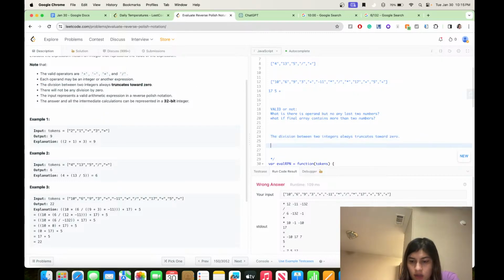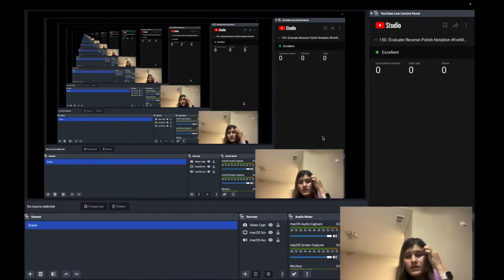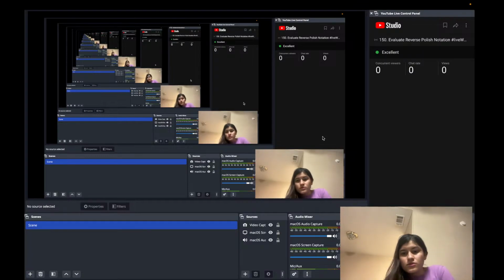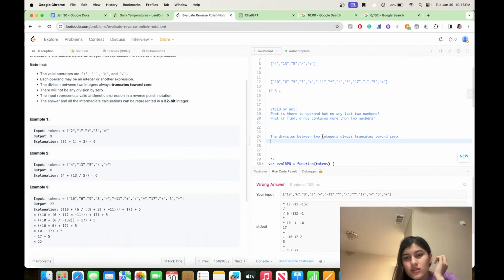What does this mean? The division between, oh my god, I've spent such a long time on this question. The division between two integers always truncates towards 0.